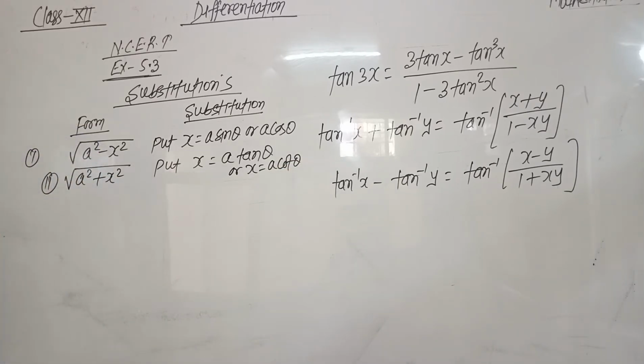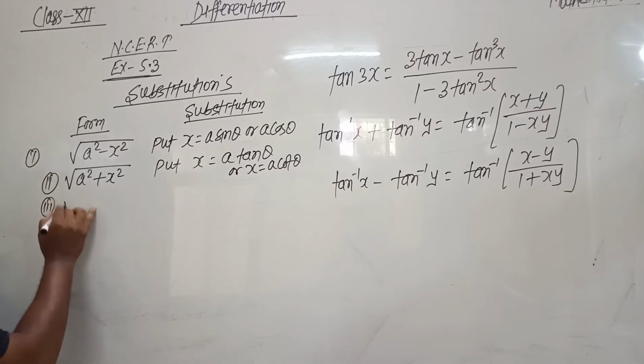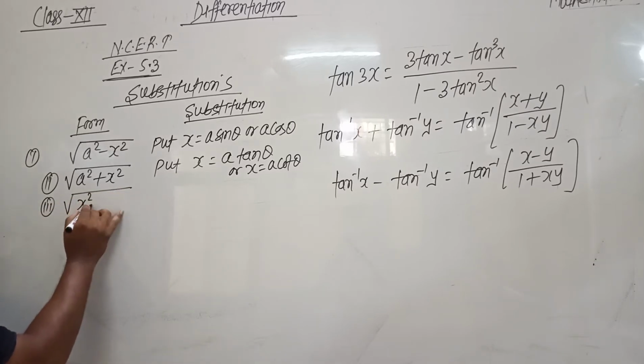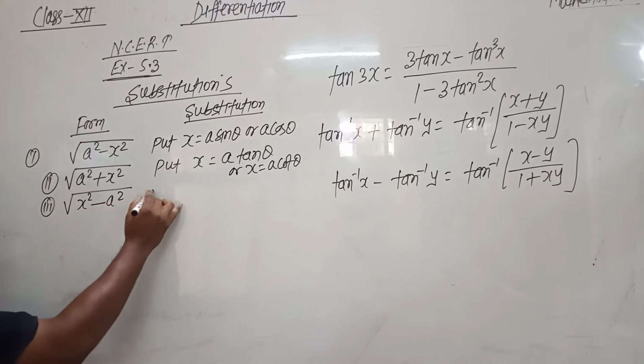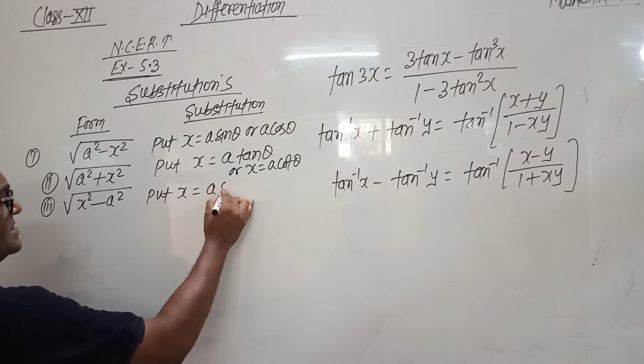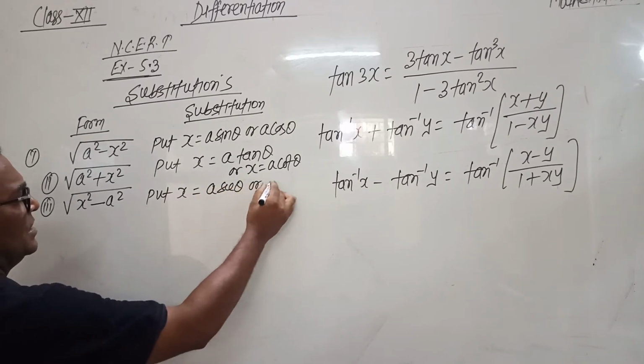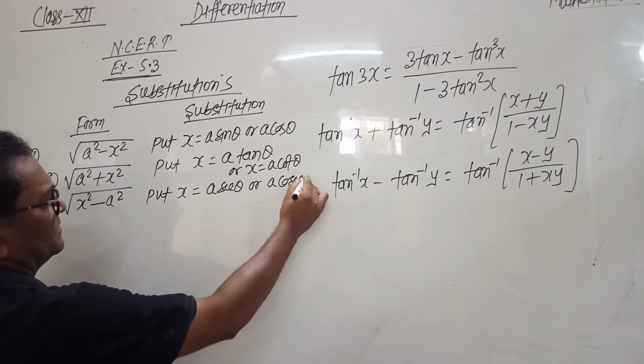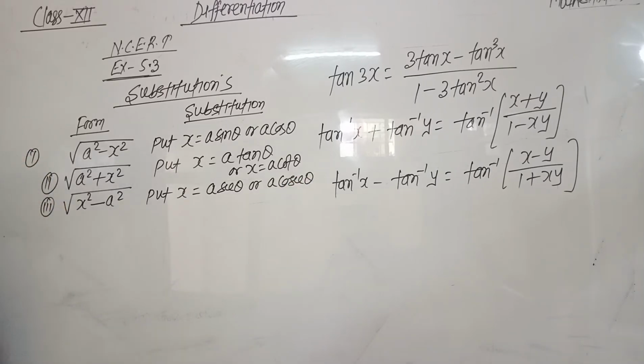Now if there is a form under root of x square minus a square, then we put x equals a sec theta or a cosec theta.